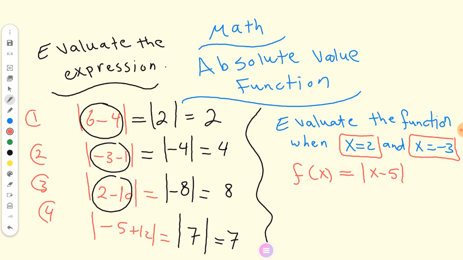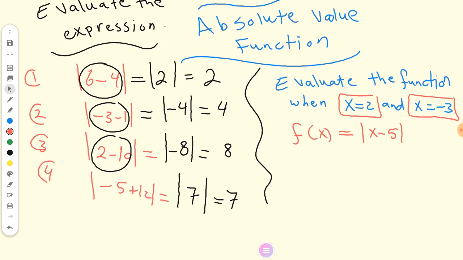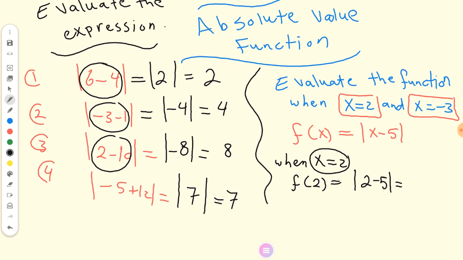Okay, first I will evaluate that function when x equals 2. I will write here, when x equals 2, just replace in the function with x equals 2. I will write f of 2 equals absolute value of 2 minus 5, which equals 2 minus 5, a negative 3.